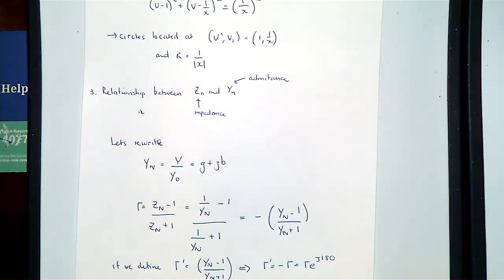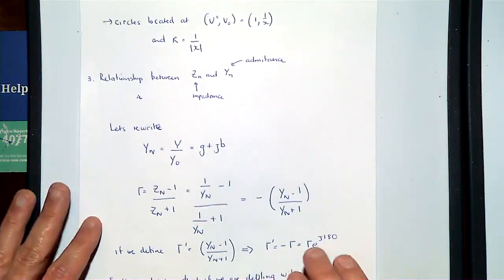Nothing particularly exciting, other than we've got a new coordinate system in which we're going to draw or represent our values. But this new coordinate system has some very desirable properties when we're adding, transforming or dealing with impedances. All right? That's all it is.